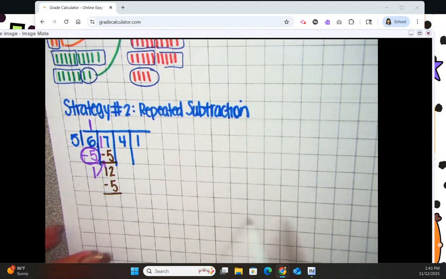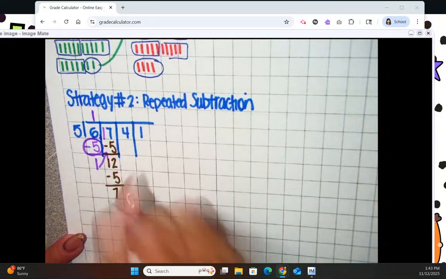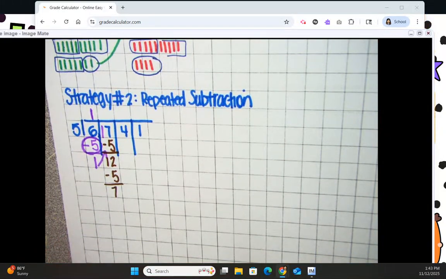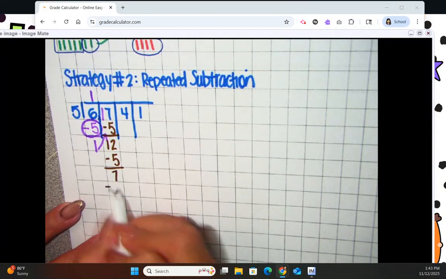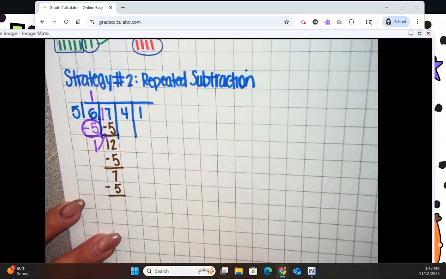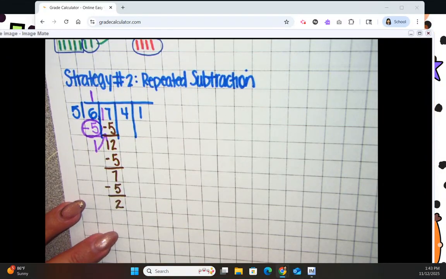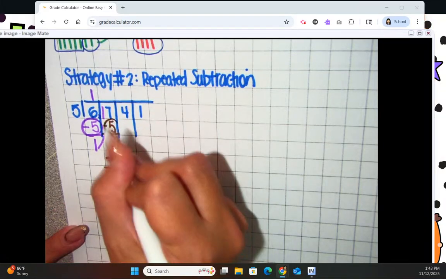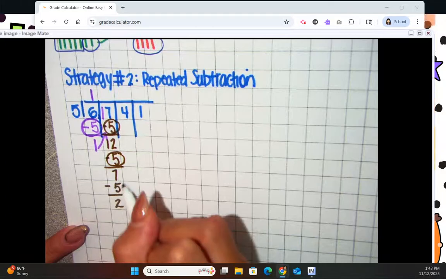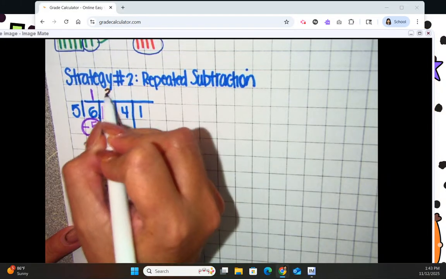So, 12 minus 5 is how much? 7. If I have 7 sticks, can I make a group of 5? Yes. And how many are left? Now I'm going to see how many groups of 5 I was able to build. 1, 2, 3 groups, and I had 2 left over.